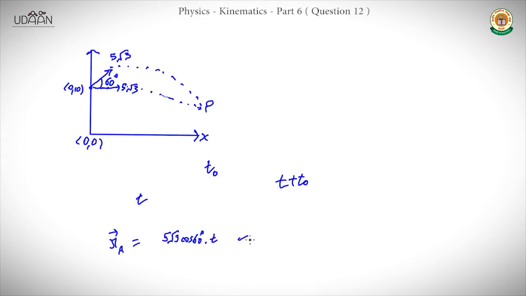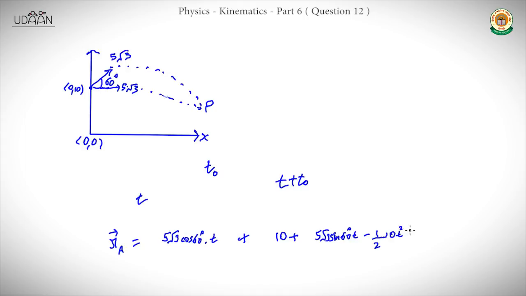Now we have to add the vertical component. Since delta y is equal to v sin theta t minus half g t square, and y0 is equal to 10, we will write it as 10 plus 5√3 sin 60 degrees into t minus half g t square. g is equal to 10, as we have been given to take it.